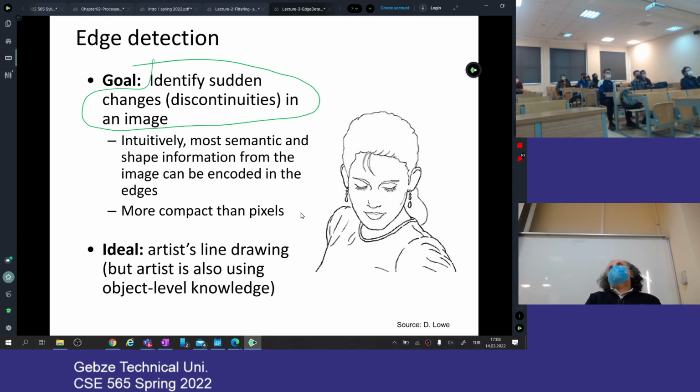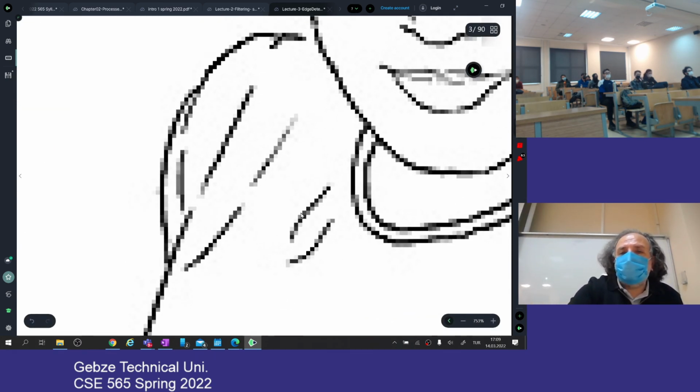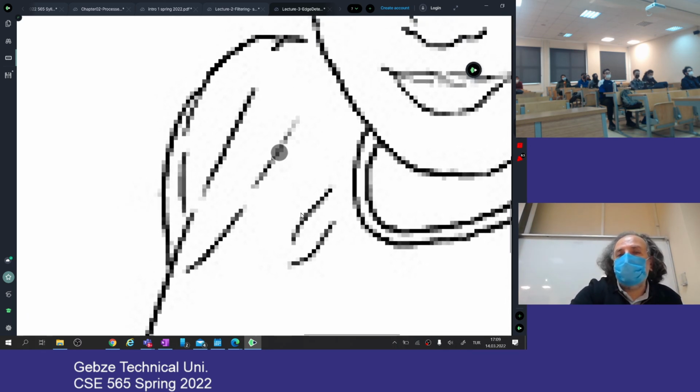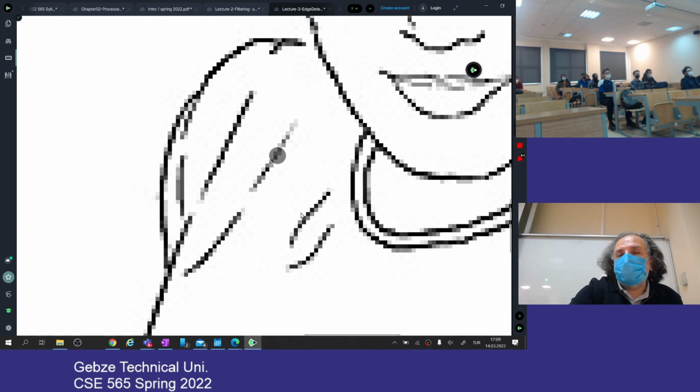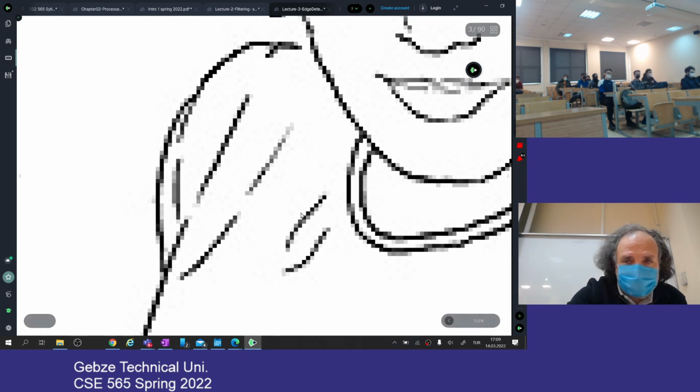You might say that, well, edges for me are the borders of the objects. I mean, sudden changes don't mean that they are edges. Yeah, that's true, but that's our definition of the edges. For example, there is an edge here, but this one doesn't correspond to an object border, right? But it corresponds to a sudden change in the image intensity.